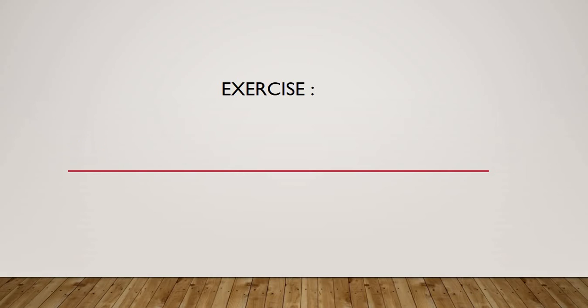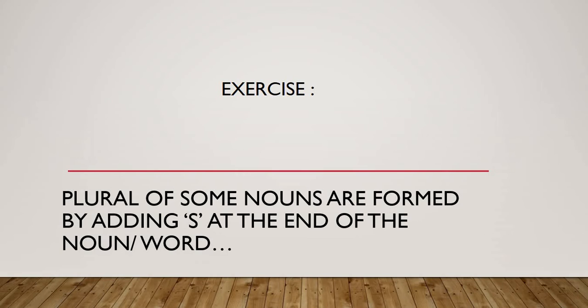Okay. Now the next exercise. What do you have to do? Plurals of some nouns are formed by adding s at the end of the noun or word. Meaning what? Till now you were looking at examples in which the plural word was formed just by adding s. Dog, dogs. Car, cars.